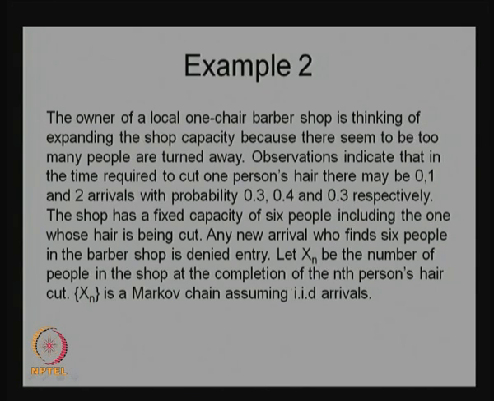That means the probability that X_{n+1} takes some value, given all the previous values, is the same as the conditional probability that X_{n+1} takes some value, given that X_n was some value. So, the future distribution given the present as well as the past information is the same as the future distribution given only the present, not the whole past.